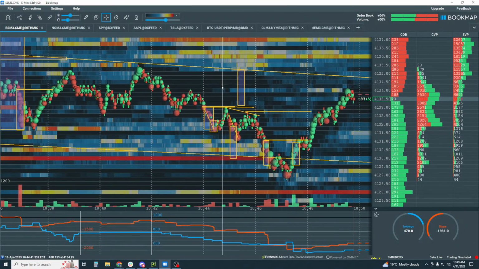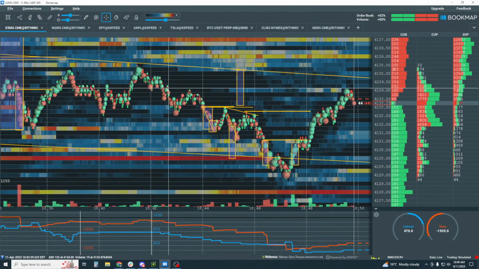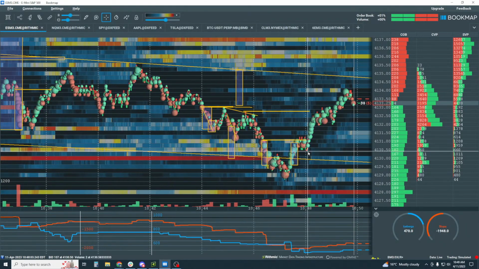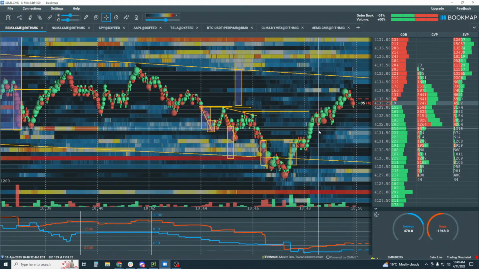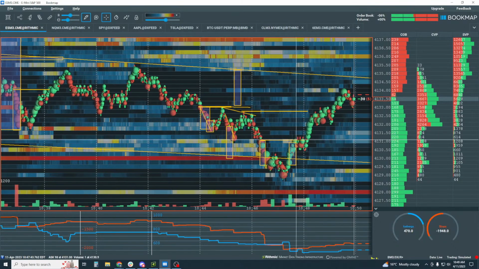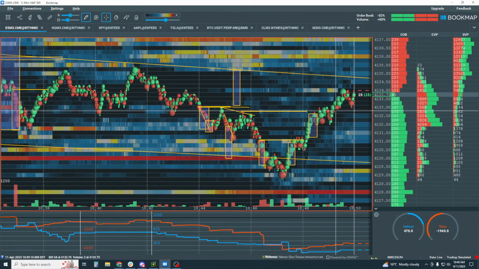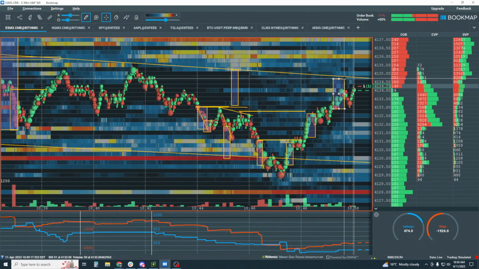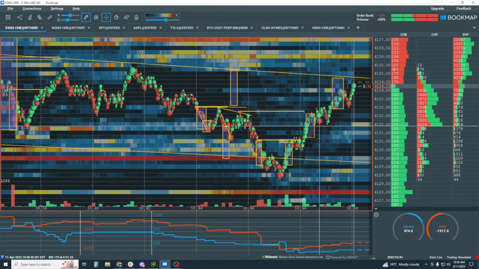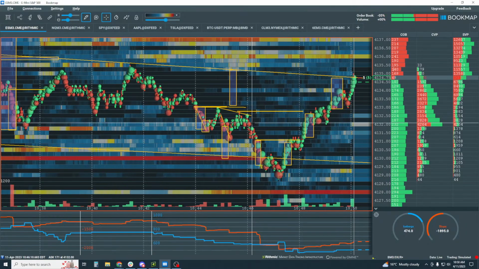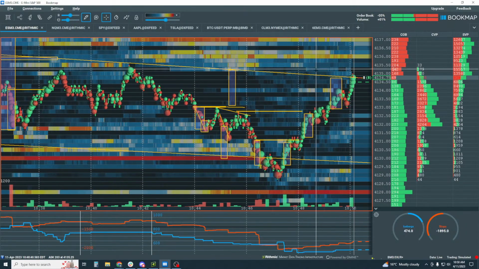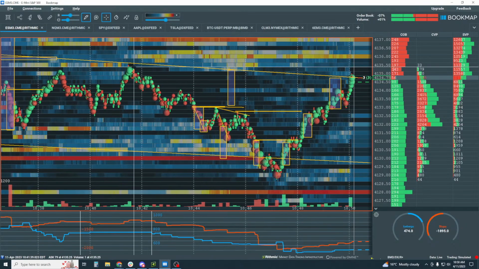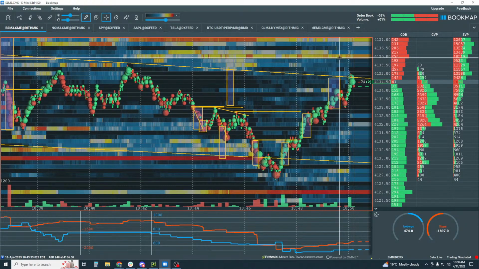Okay, so let's go through and look at our sellers again and these areas of control and our buyers. See the shift in here? Buyers taking control, buyers taking control. Still think they can move it up higher here. There they go. Maybe we can get to 36. Liquidity up here.